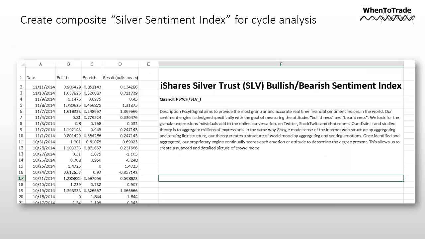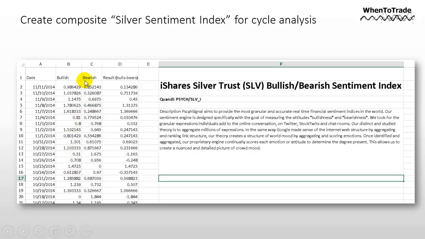So the first step is, let's populate this data. If you download the data from PsychSignal or from Quandl, which is freely available, you will get this daily information per day with bullish and bearish indices from PsychSignal.